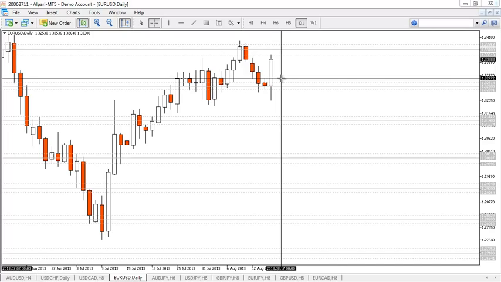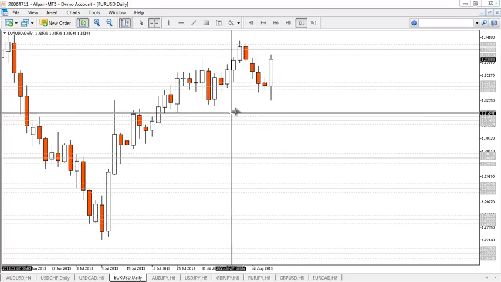But for the most part, I don't tend to pay too much attention to the news, because if you start staying out of the market every single time there's a red report on Forex Factory, you're going to miss so many trading opportunities. And the other thing is news tends to be factored in well before the actual release comes out.